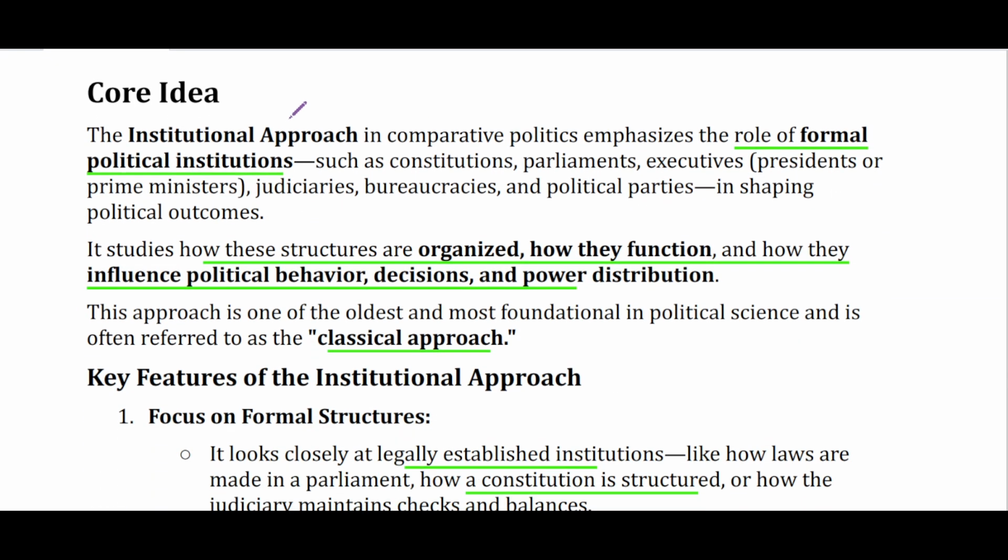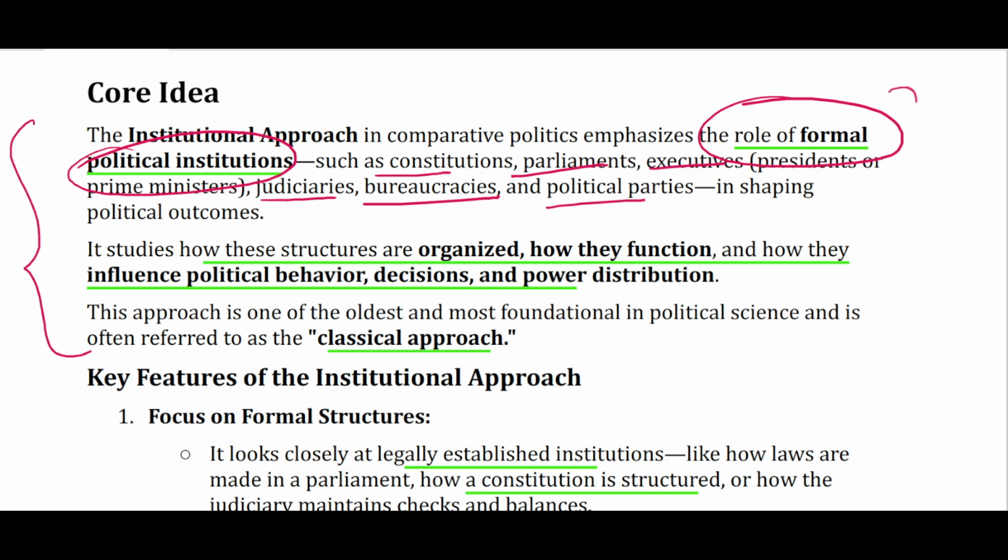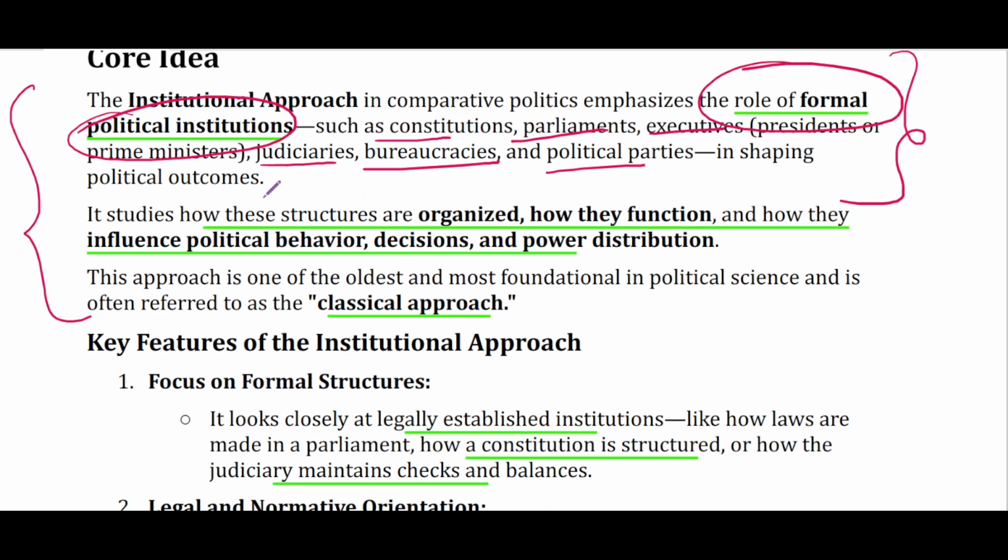So the core idea of the institutional approach is to study the role of formal institutions. That's why the name. Formal political institutions like constitutions, parliament, executive, various branches of government, judiciaries, bureaucracies, political parties. So all formal institutions are studied to arrive at the final political outcome. Or in other words, these formal political institutions are studied to analyze how they are shaping the ultimate political outcome in any country.